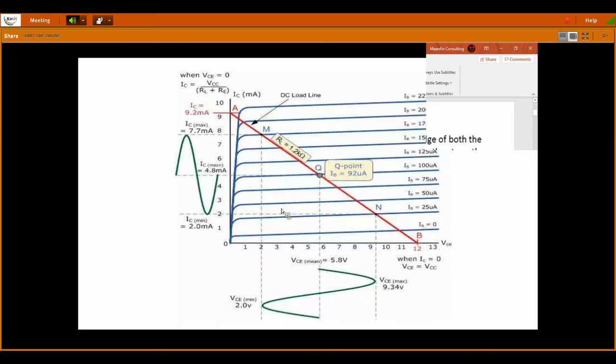These characteristics we can obtain by applying fixed values of DC voltages. Now, in order to obtain these points A and B, let me take a simple circuit.